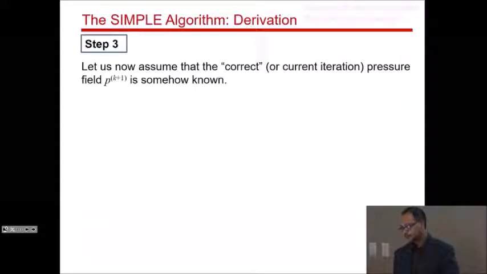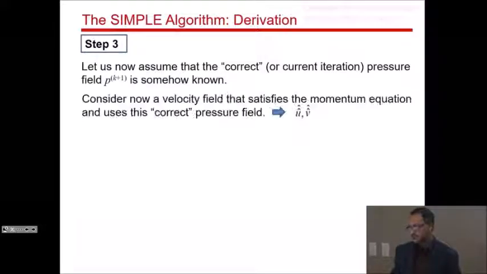Now let us assume that the correct or current iteration pressure field is somehow known. Let's pretend it's known. How? We'll come to that later. Now if we use the latest pressure field and solve the momentum equation, we're going to get a different solution. It's not going to be the U hat and V hat that we talked about, which uses the old pressure field.